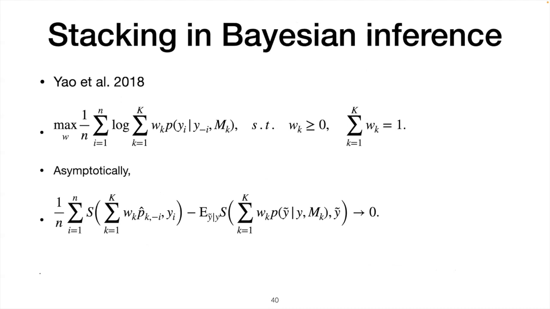And then if you have K different models, you want to optimize over the weights such that the combined predictive distribution, which is the summation over w_k times p(y_i | y_{-i}), has the largest cross-validated log predictive density, subject to the constraint that w_k has to be in the simplex. The w_k has to be in the simplex such that your predictive distribution is a probability. And asymptotically, you can show that this procedure gives you a consistent estimate.